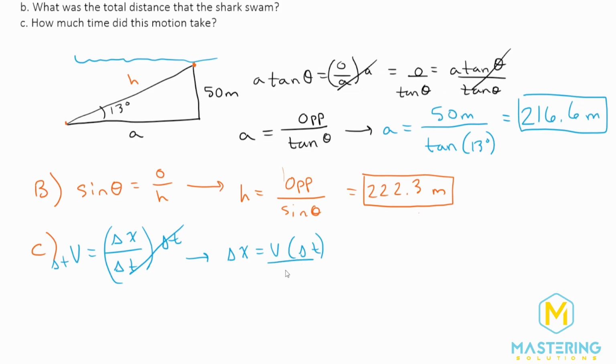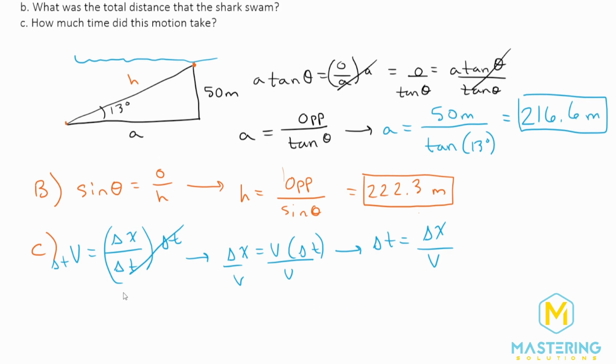And then we want to isolate, of course, t. So now we have delta t is equal to the change in the distance divided by the velocity. So now we can plug in the distance that we found, the total distance right here, 222.3.